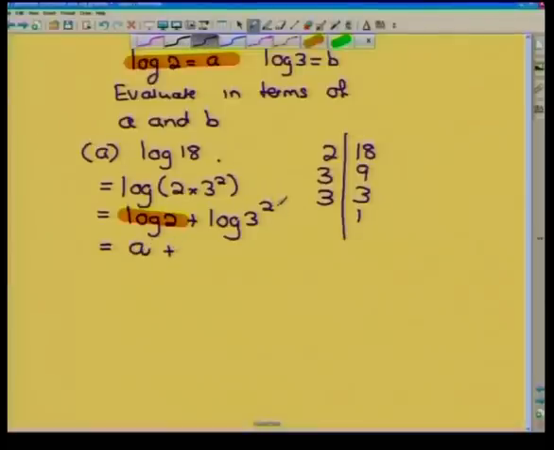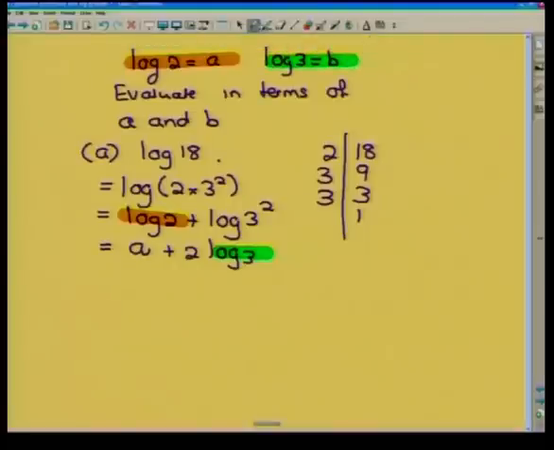Now this 2 is a problem, so we have to bring it in front using our laws. And then once I've done that, I now see I've got my log 3, which means I can replace with my b. Right, so that means I've now got a plus 2b. Very simple, very straightforward, nice little question because it gets you to use your rules in reverse.